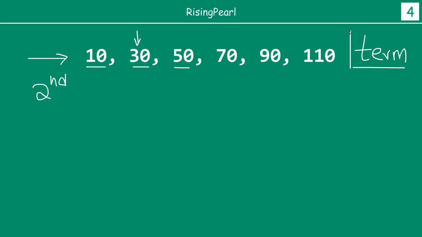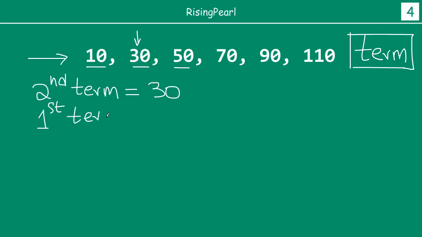Each of the numbers will be a term. So our second term is 30. Our first term is 10. If we subtract the first term from the second, 30 minus 10 is 20.